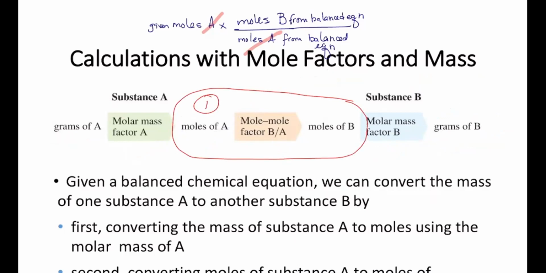I'm going to use the mole to mole factor. What is the mole to mole factor? The mole to mole factor tells me the relationship between 2 different substances by looking at the coefficients in my balanced chemical equation.